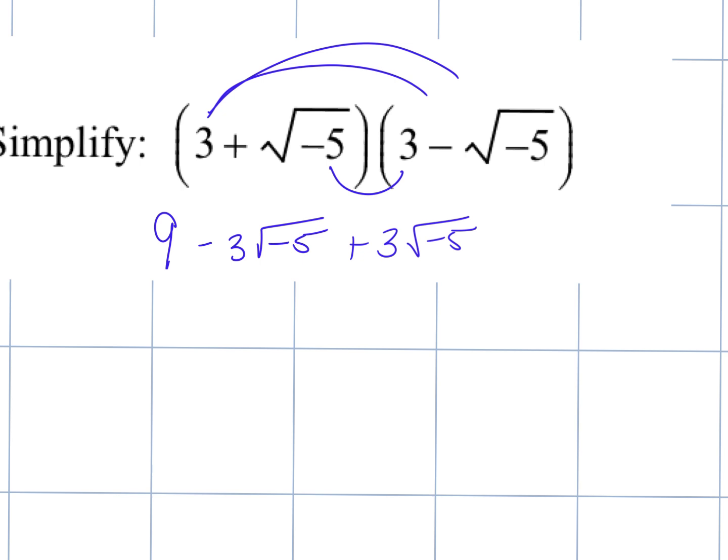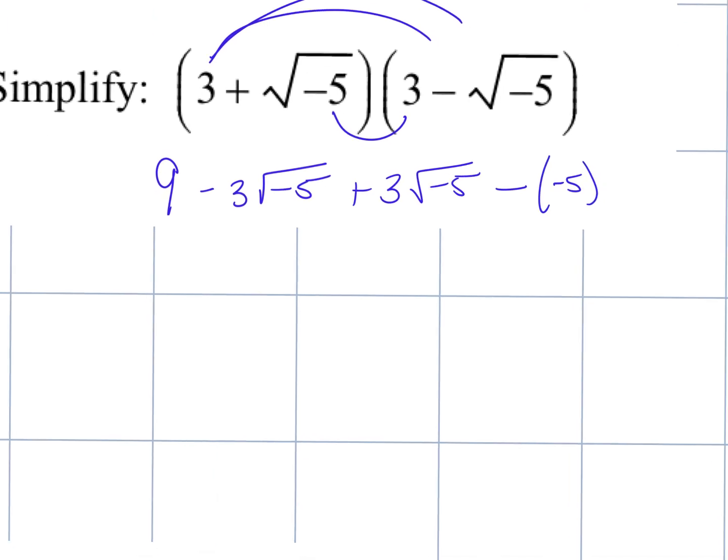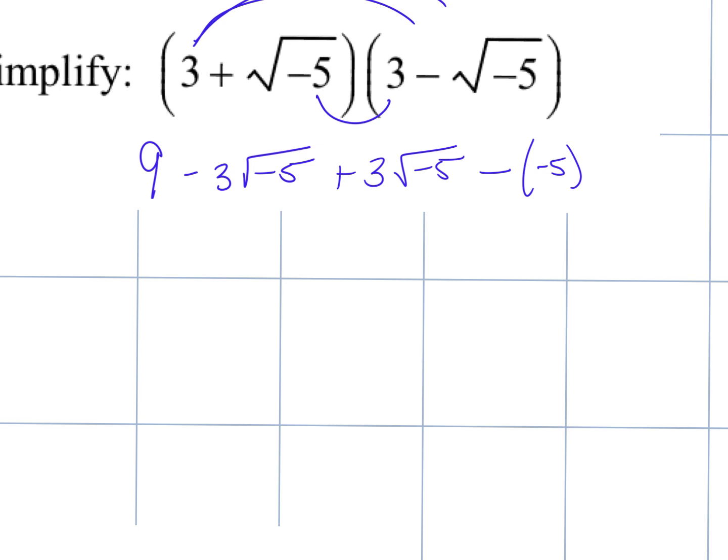And then a negative times a positive is a minus. So I have negative 5. So what happens here? My insides, these are opposites of each other, so they cancel. I have minus a negative, which gives me a plus. So 9 plus 5 gives me 14.